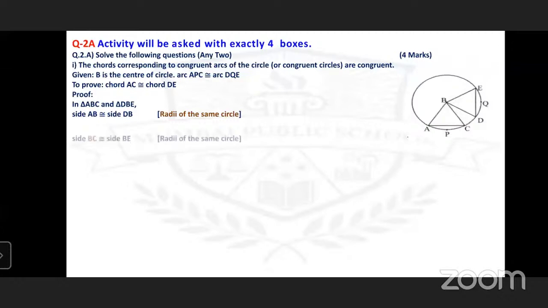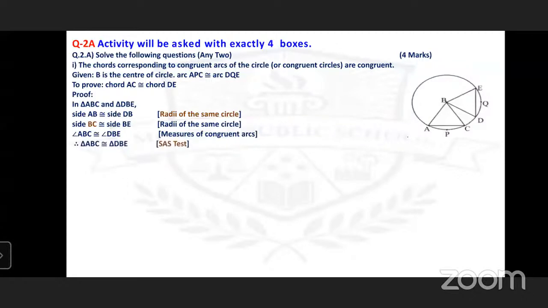Okay. Now next, side dash is congruent to side BE, meaning BE is congruent to BC. So in the second box we write BC. Means side BC is congruent to BE. Radii of the same circle are given. Now angle ABC is congruent to angle DBE. That is the measure of the congruent arc. Okay, that is equal, congruent. Now 3 conditions are here, 2 sides and 1 angle.